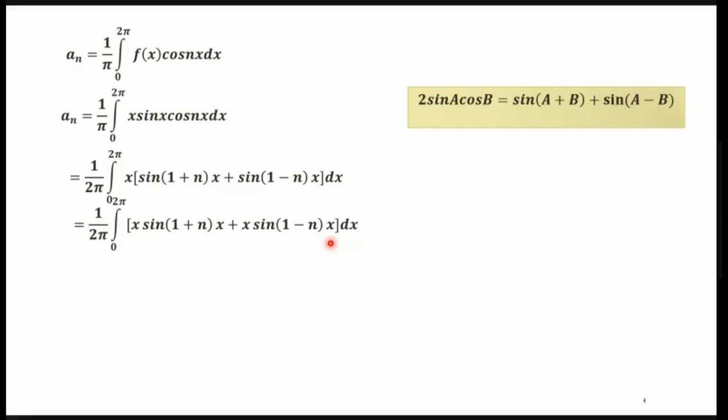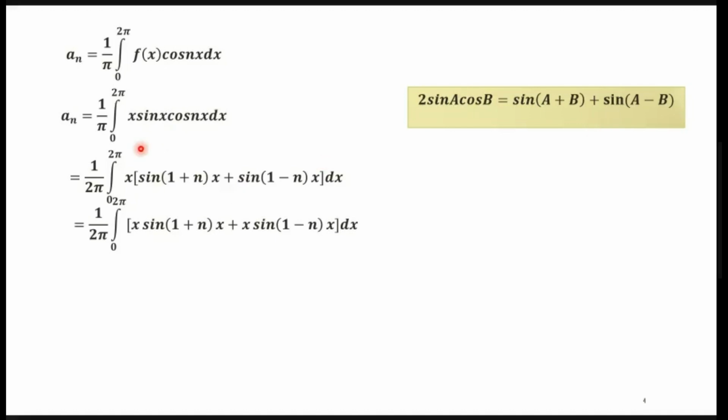ठीक है, तो सबसे पहले हमने क्या किया, हमने an निकाला है, an में फंक्शन सब्स्टिट्यूट किया है. यहाँ पे दो ट्रिग्नोमेट्रिक फंक्शन है, तो we are simplifying this trigonometric function using the trigonometric identities and using 2 sin a cos b. तो 2 is missing, so multiplying and dividing by 2. sin a cos b का फॉर्मूला है sin a plus b. a plus b का मतलब हो जाएगा यहाँ पे x plus nx. तो x plus nx में x कॉमन है, इसके लिए 1 plus n x लिखा है यहाँ पे.